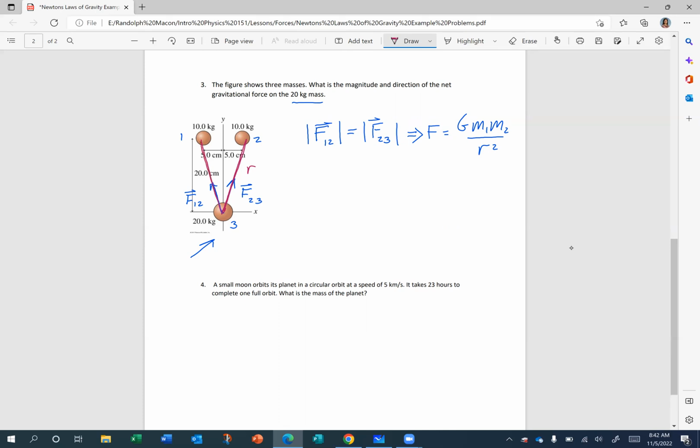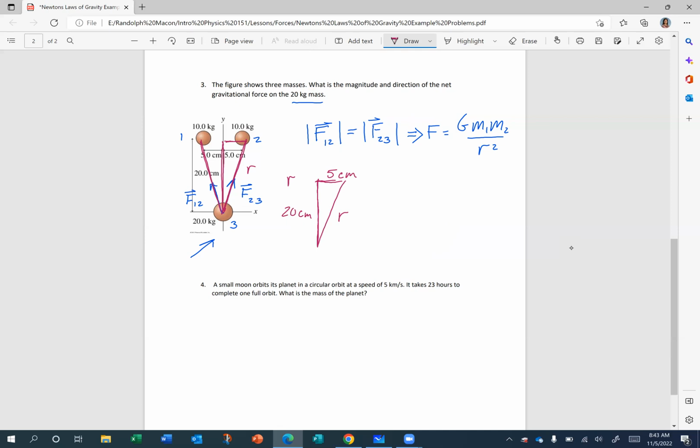So we see a triangle being made right here. If we take a look at each one of these. So when we're looking at R, we can right away recognize, okay, we're going to need these distances, right? So our R is this distance right here. What we do know is this is 5 centimeters and this is 20 centimeters.